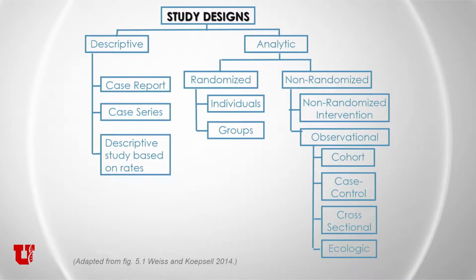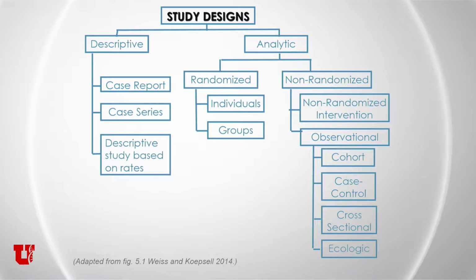So on the right are the analytic study designs where we are trying to compare groups and test hypotheses. The randomized analytic study designs might include randomized controlled trials of individuals or randomized controlled trials of groups. And then on the far right, the non-randomized studies might include non-randomized interventions or observational studies.